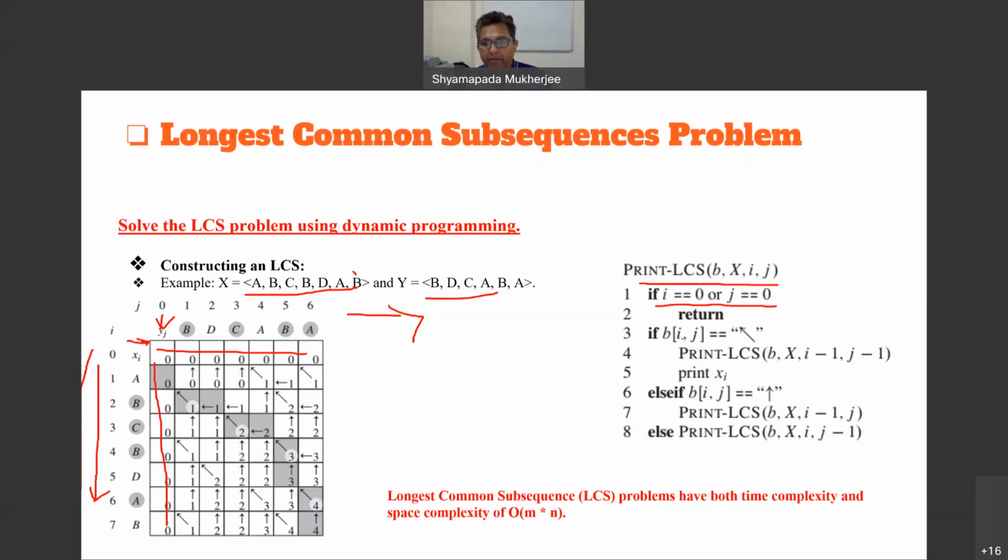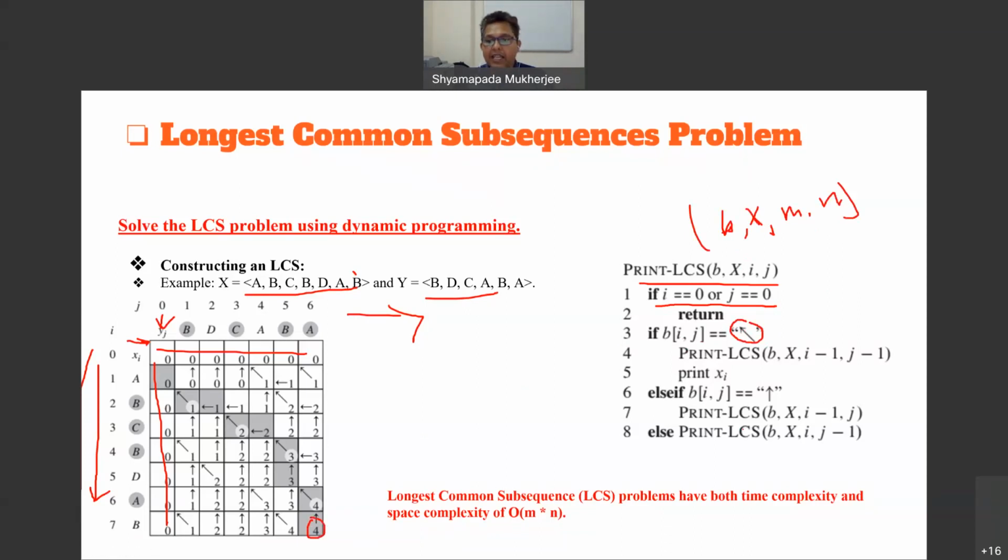If b[i][j] is showing this arrow, then the call will be like this, with x and the size like this one, size will be m and n, because initially we call this value.